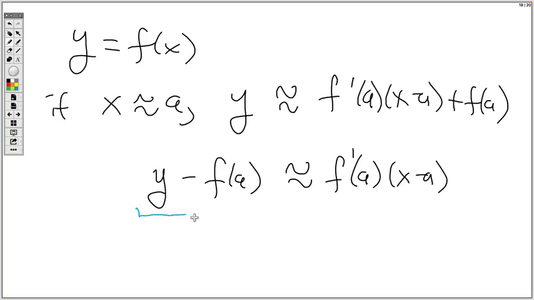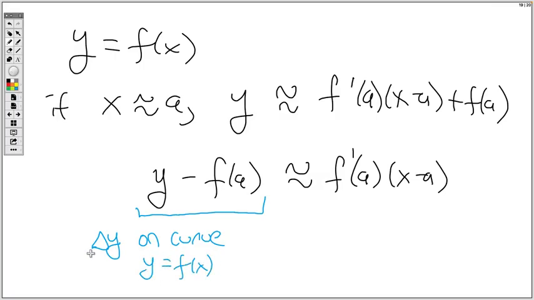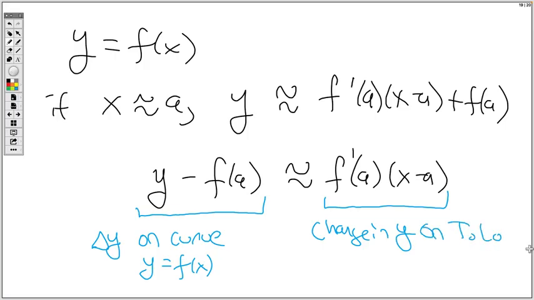Now this represents the actual change in y on the curve y equals f of x. That's the actual change, delta y. What this represents is the change in y on the tangent line, because this is your slope of the tangent line times your change in x on the tangent line.